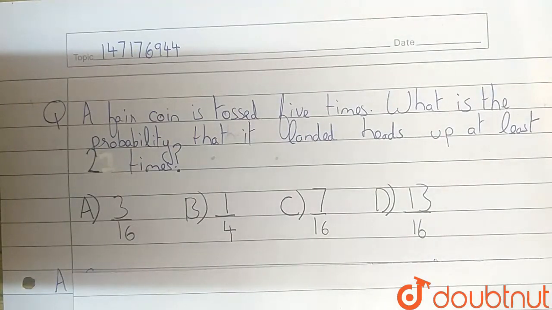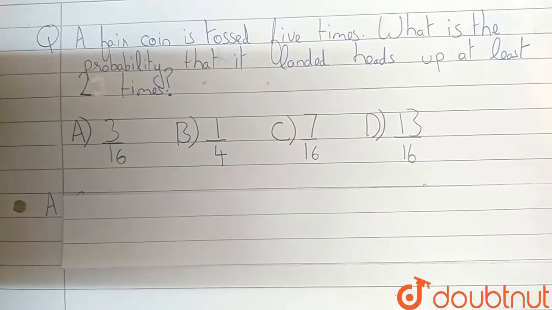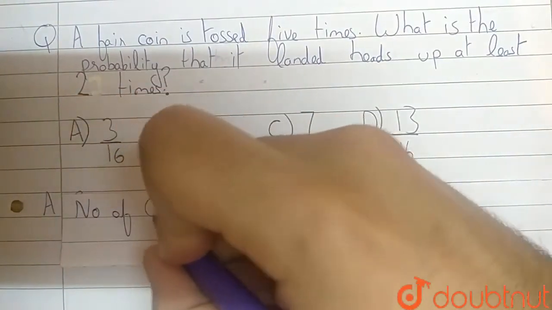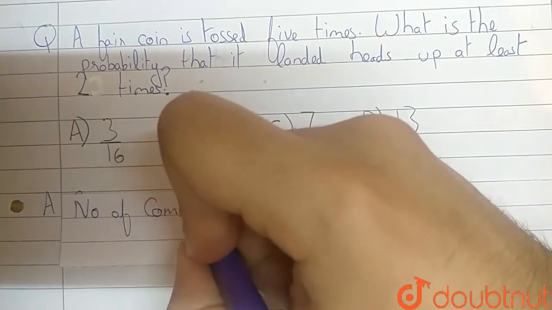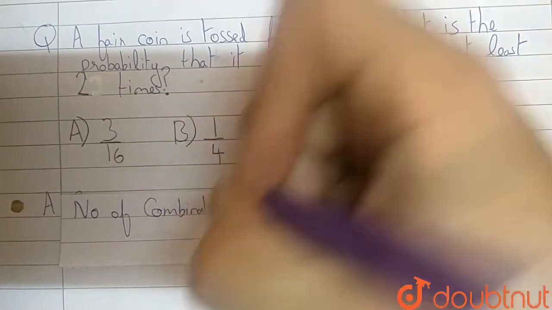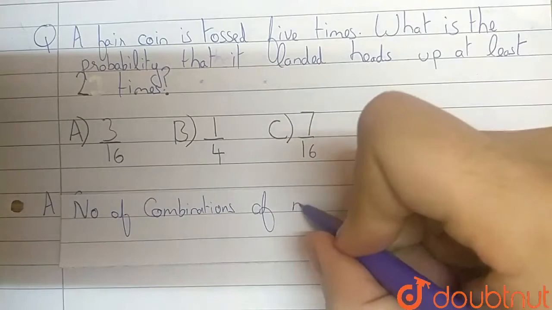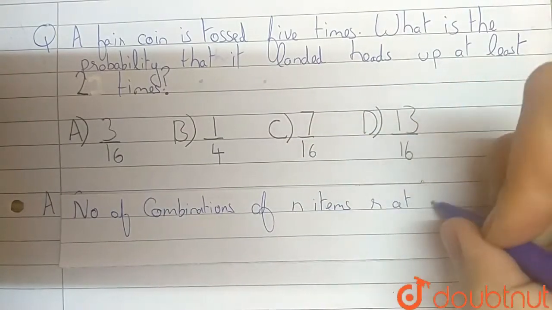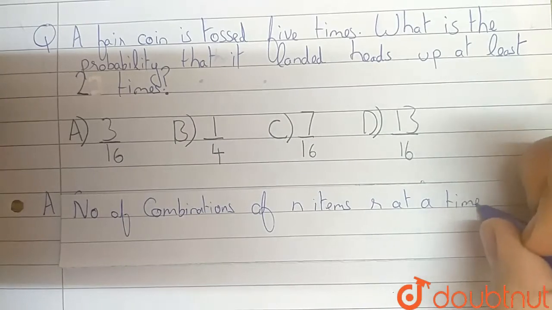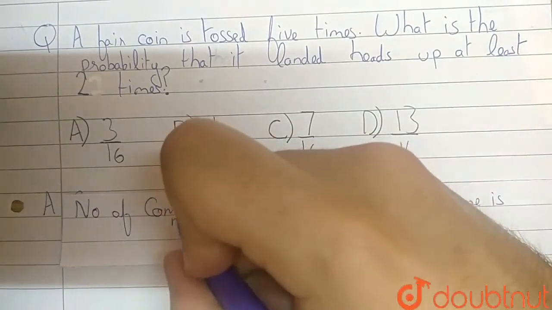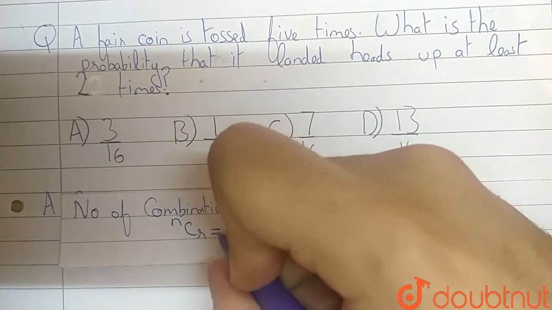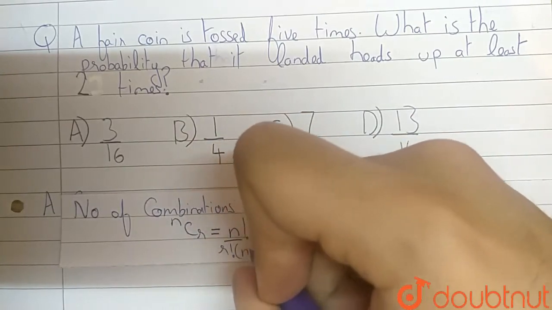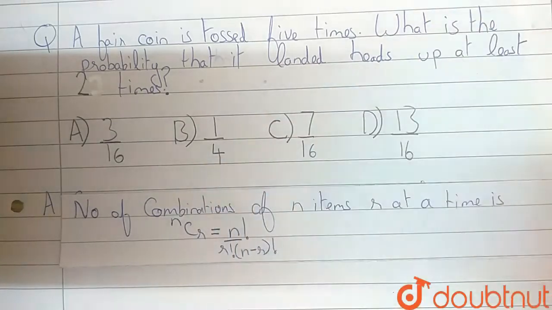So first we should start off with the concept of the number of combinations of n items taken r at a time, which is nCr, equal to n factorial by r factorial times (n minus r) factorial.